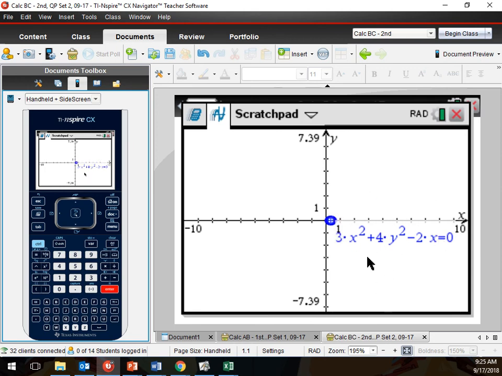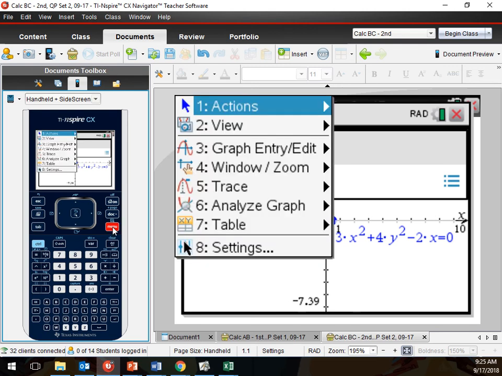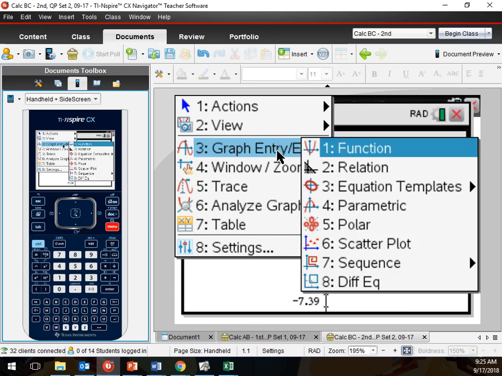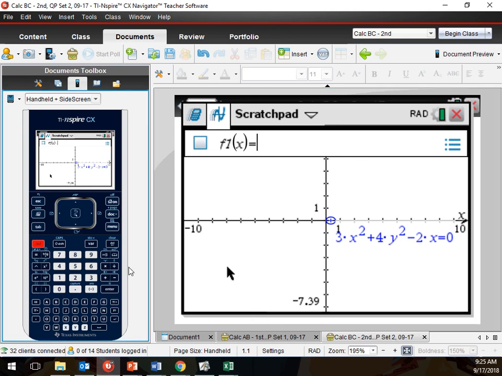Okay, so I have the ellipse there, and now I'm also graphing the other one. I'm going to change this now. It's on relation, but I want to change it back to a function. So I go to menu, graph entry, function. And my function was y equals 1/2 x minus 1/2.